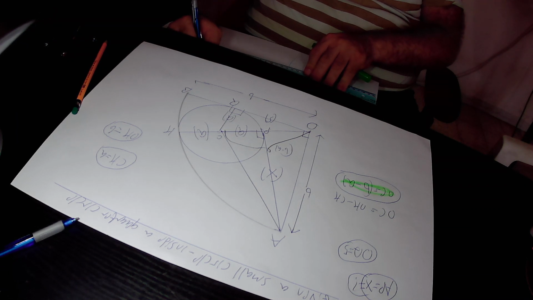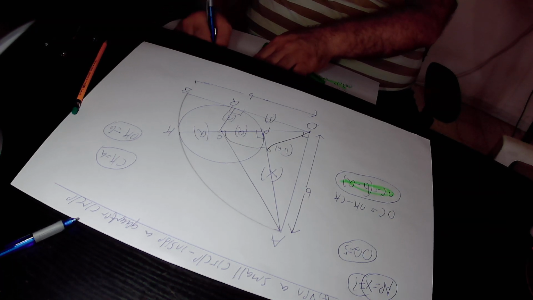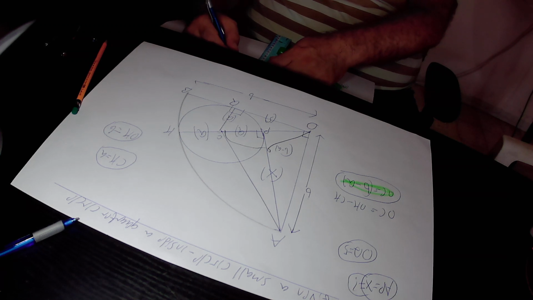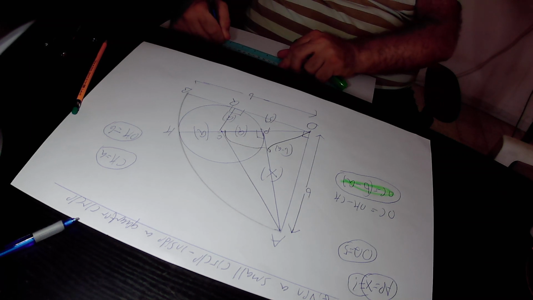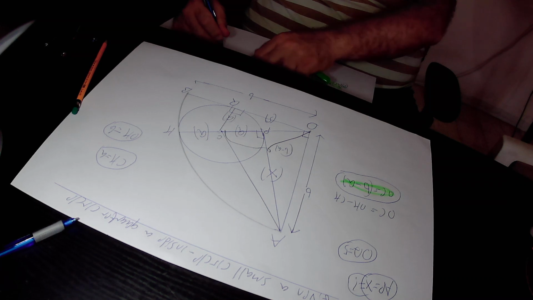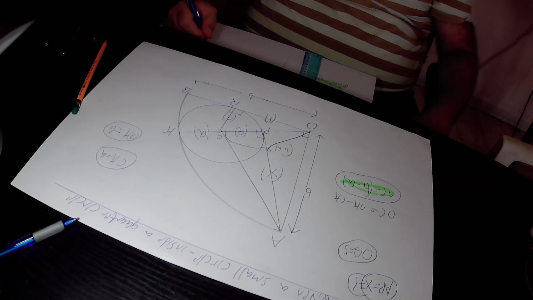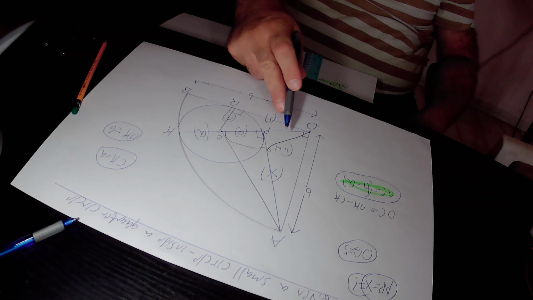Here PT is the abbreviation for Pythagoras theorem. Again, the hypotenuse OC equals B minus A units in its length.